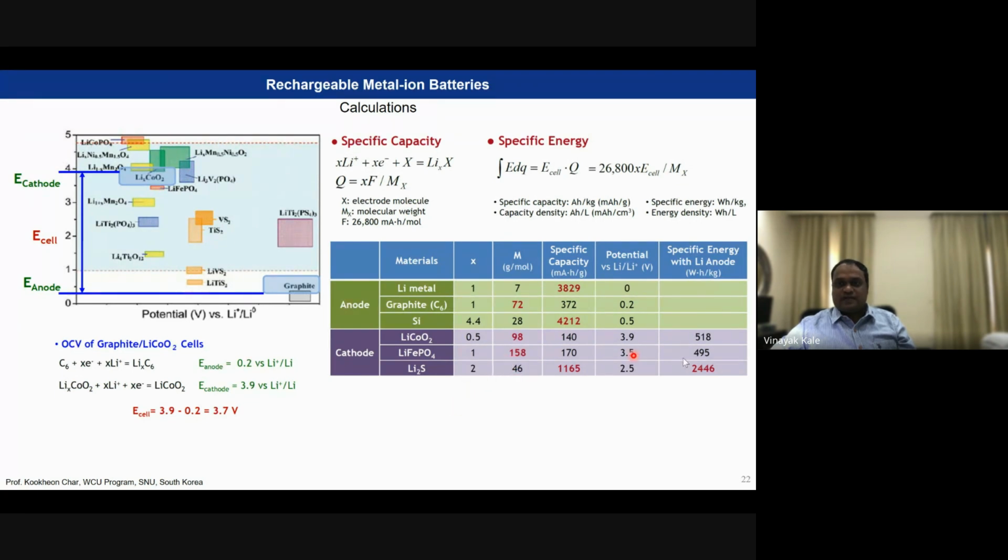So the specific energy of lithium cobalt oxide comes to around 518 watt hour per kilogram, versus lithium as I know. So one can calculate the specific capacity or specific energy of a lithium-ion battery with these formulas.